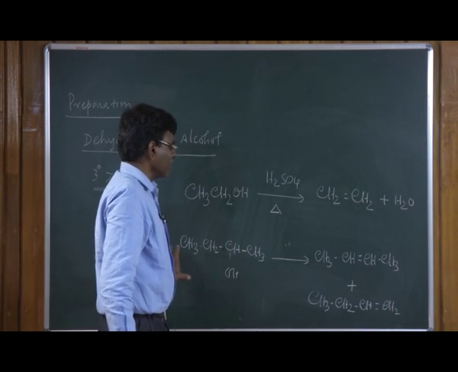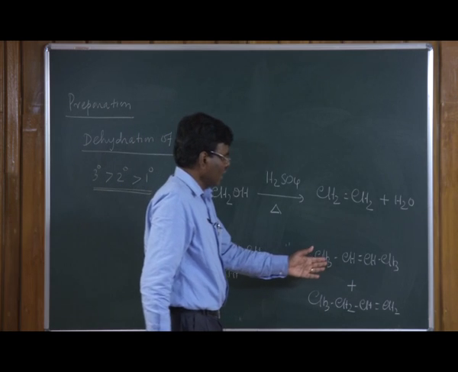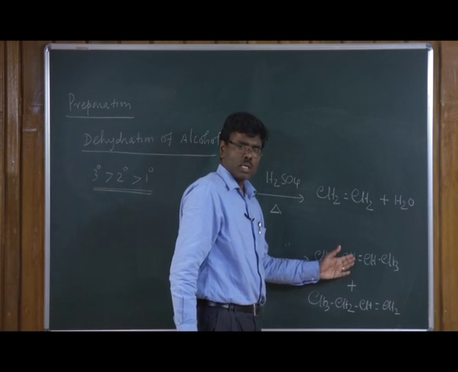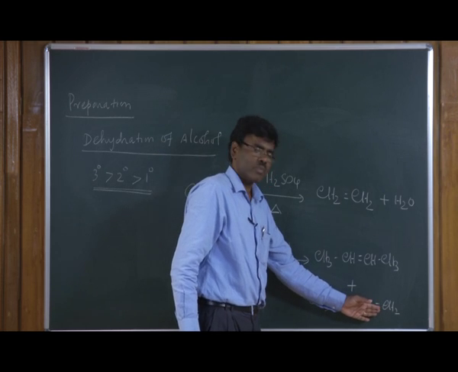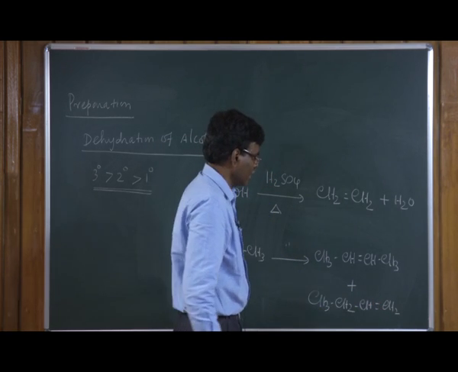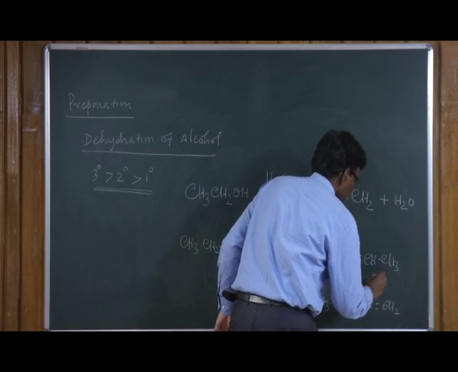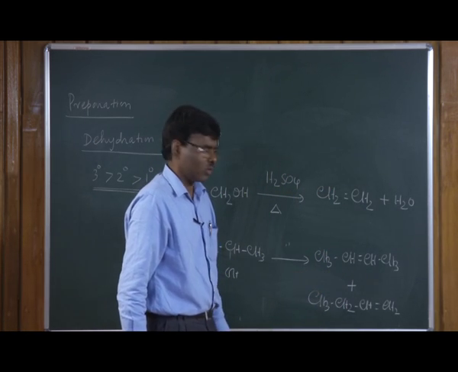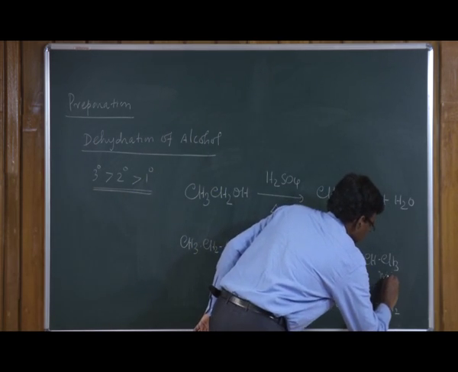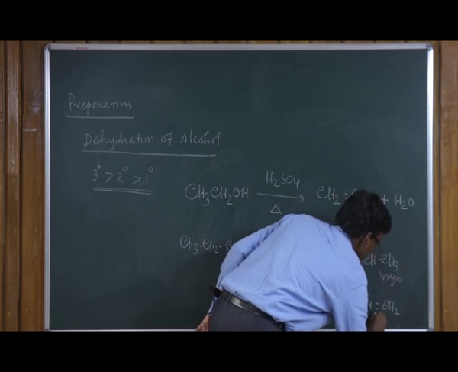So, in this case we get a mixture of alkenes, one is the more substituted alkene, another one is the terminal alkene. If you compare the ratio of these compounds, this will be major and this will be minor.